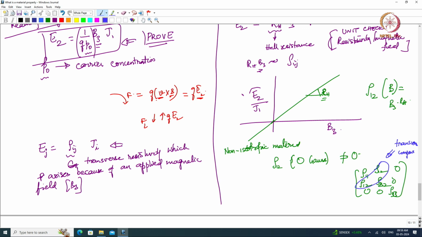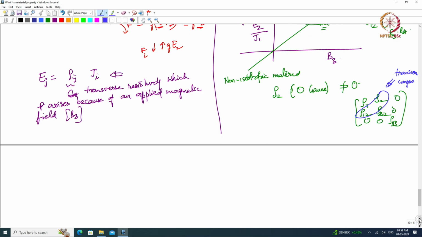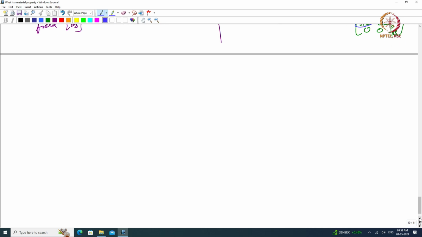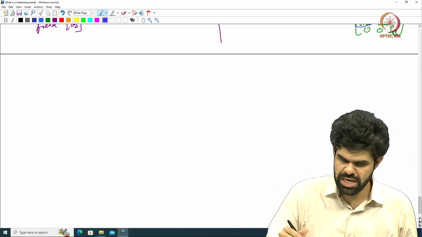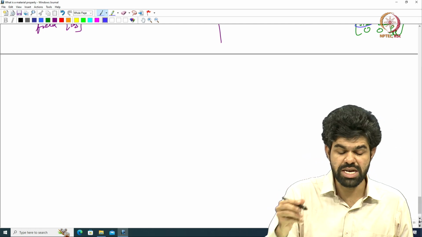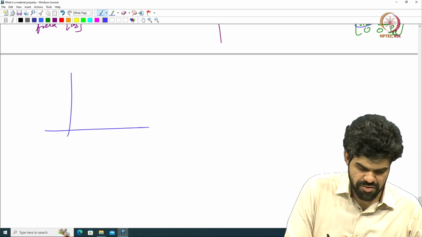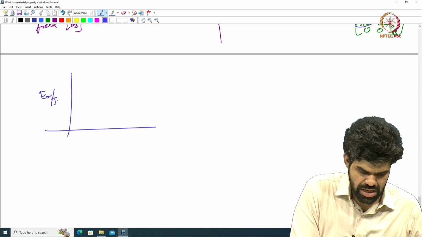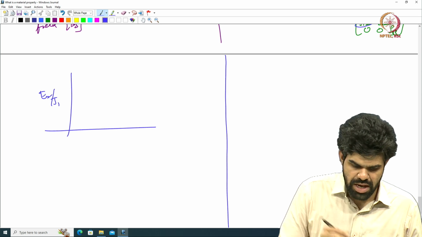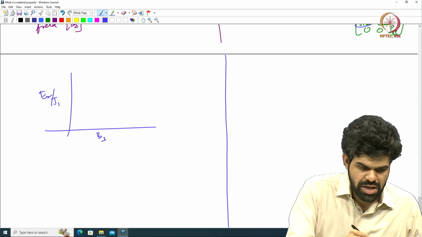Then if I do a Hall measurement on these sort of materials, what will I get? I exactly do the same measurement where I tune the magnetic field. I scan the magnetic field and I measure E2 by J1 as a function of B3. Okay.